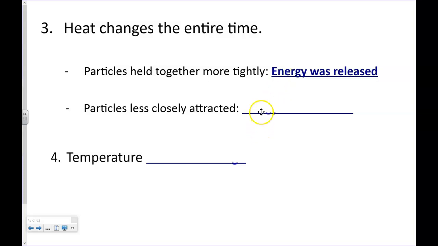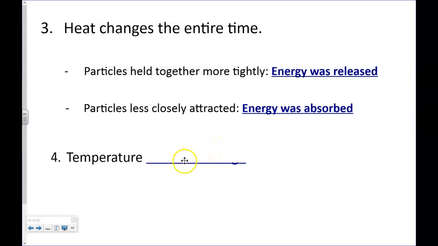When particles are less closely packed, so we're moving toward a different crystal structure or even toward liquid or gas, it's because energy is being absorbed and each atom has more kinetic energy and is moving around a lot more. Temperature is what we use to measure the heat of a substance. So temperature is the average kinetic energy of a material. Something can have a lot of heat, but if there's a lot of that object, then it's not going to have a very high temperature.